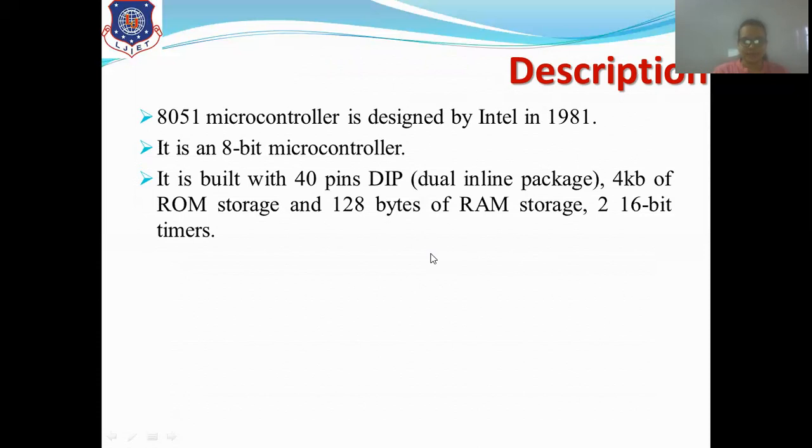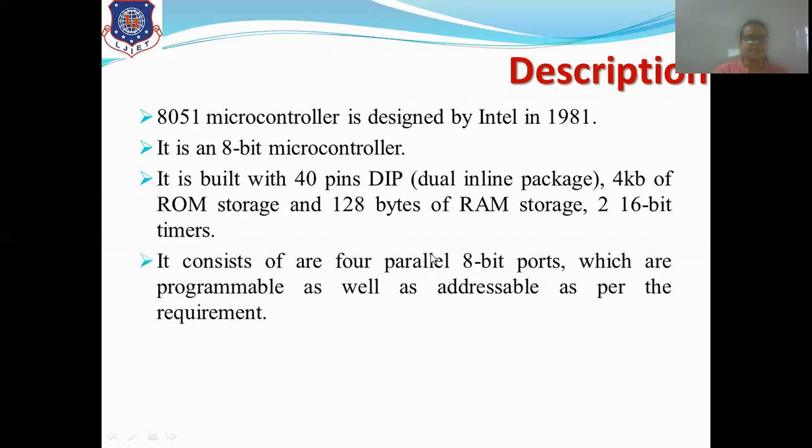So it is a 40-pin IC, same as microprocessor 8085, having inbuilt 4 KB of ROM storage, 128 bytes of RAM storage, and two 16-bit timers. So the controller has ROM, RAM and two 16-bit timers as its peripherals. It consists of 4 parallel 8-bit ports, which are programmable as well as addressable as per the requirement.